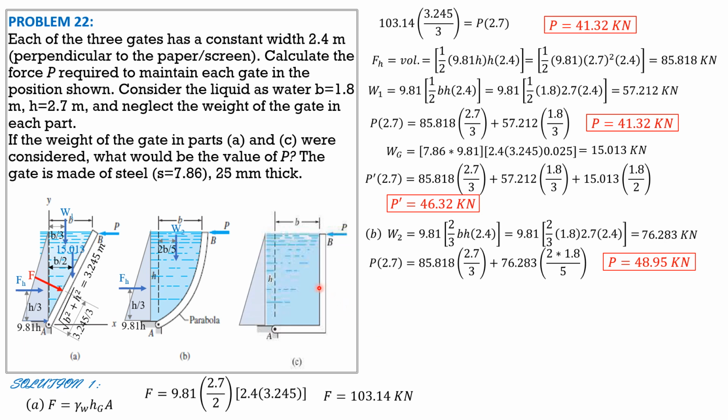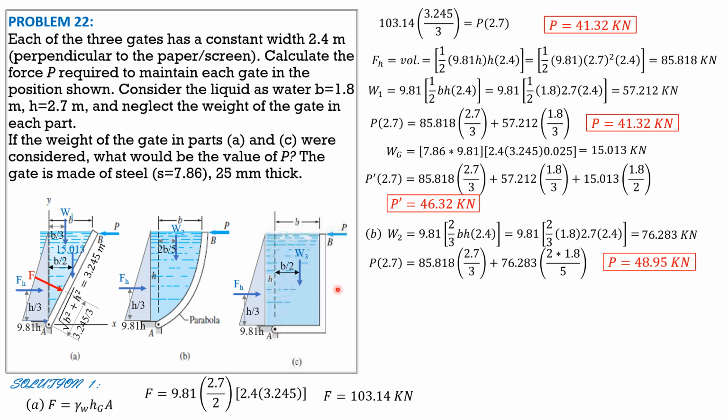Then for part C, here's the given figure, and therefore FH is still the same as in the preceding cases: 9.81 H, this is H over 3. Then we have the weight of water inside this rectangular figure, and this is B over 2.